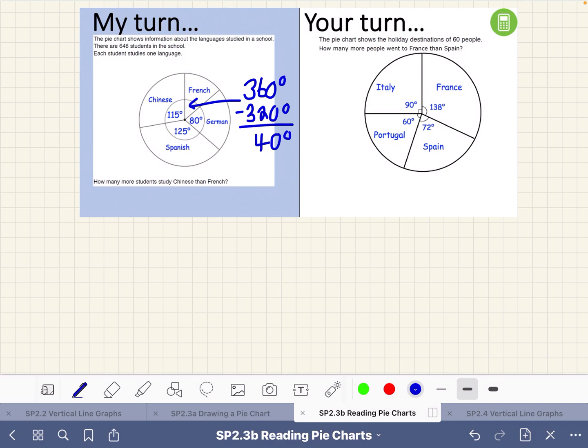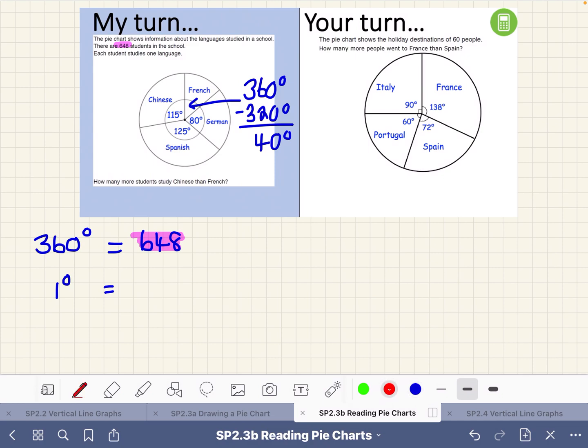Now our first step on the last slide was to represent 360 degrees as being equal to the number of people in total, and in this case it is 648. So this 648 is this 648 here, and we would like to work out what 1 degree is worth.